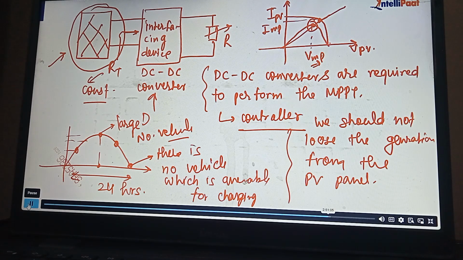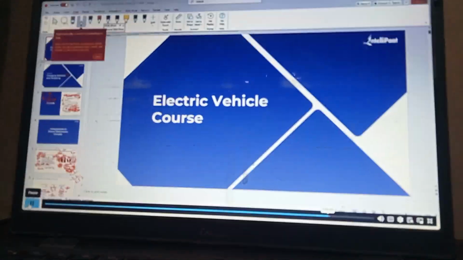Now, the question is, what are the types of converters available for this DC-DC stage, to do the MPPT? Right? We have two types of DC-DC converters. Number one, non-isolated.